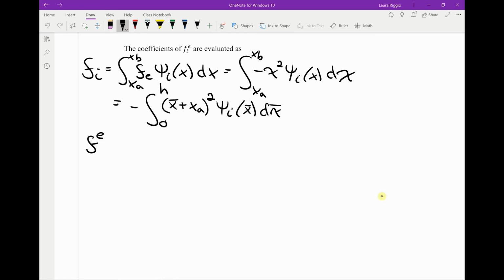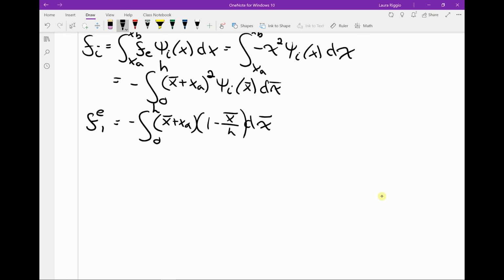So Fe1 is going to be minus the integral from 0 to h of (x bar plus xa) squared times (1 minus x bar over h) dx bar, which is equal to minus h times (xa squared over 2 plus xa h over 3 plus h squared over 12).